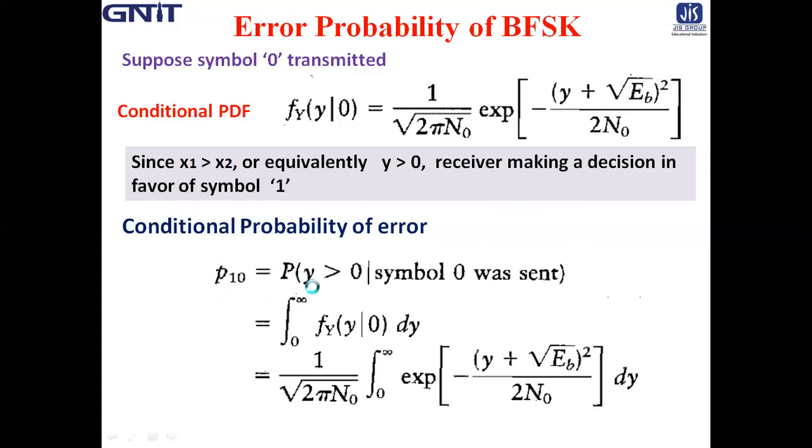That means probability of y greater than 0, that is x1 greater than x2, given that symbol 0 was sent. In that case the error probability will occur: 1 is received, but actually 0 is transmitted.